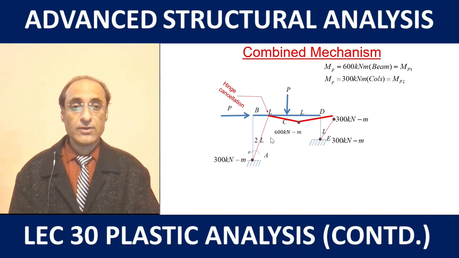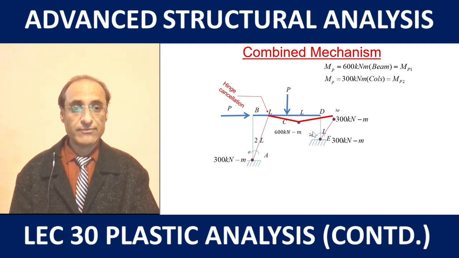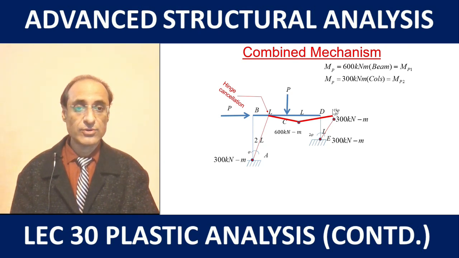So we have the rotations as shown. For the column we have double the rotation, and for joint D we have 3 times the rotation phi, because here the beam also participates in the same amount of rotation, and at the bottom midpoint of the beam we have rotation 2 phi.